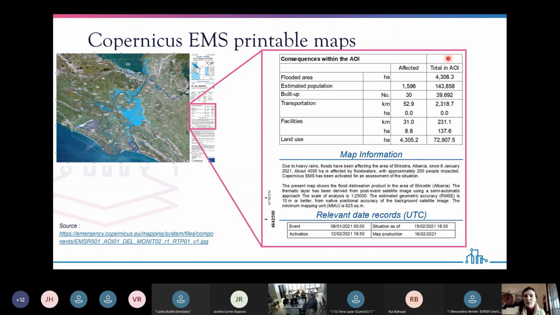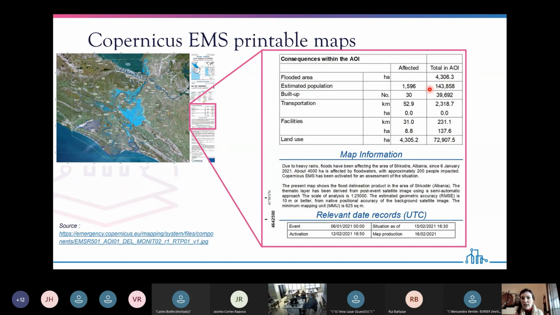Sometimes in these maps you can also find an estimation of what has happened in terms of the impact of the event. So, which was the extension of the flooded area, how many people were affected. Of course, this is an estimate based on the knowledge about the buildings over the flooded area.